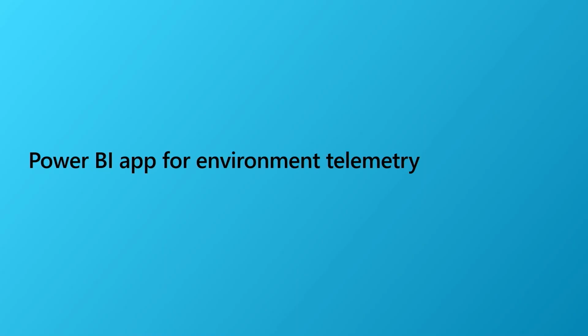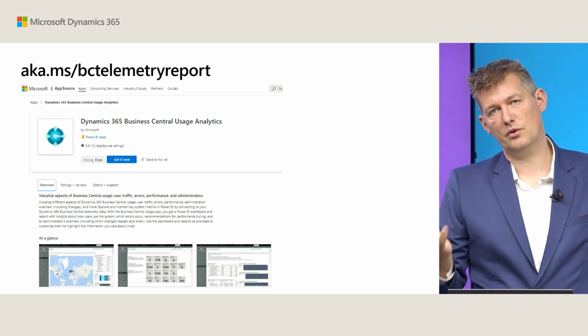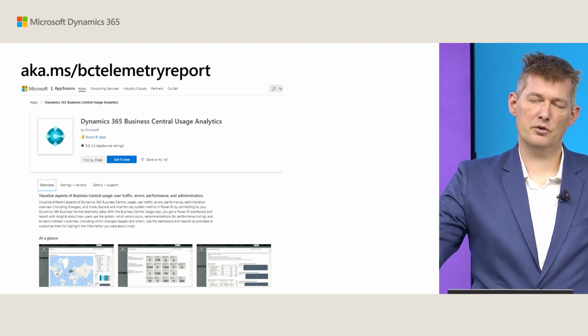All right. So I showed you the Power BI app for environment telemetry. How do you get all this? Well, that is very, very easy. You go to either AppSource or use this short URL, aka.ms/bctelemetryreport. It takes you to AppSource for Power BI apps, and you click Get it now, have it installed. You need to configure the app to point to your telemetry.